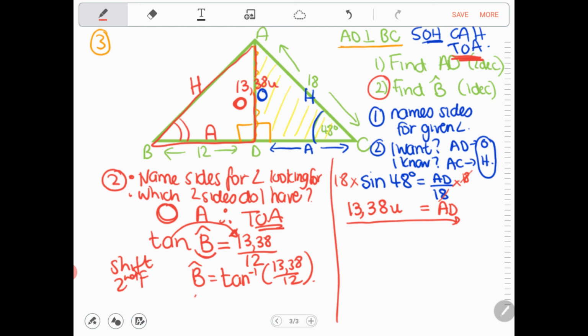And we end up with angle B being 48, comma, checking, we're going to 1 decimal place, so it's going to be 48,1 degrees.